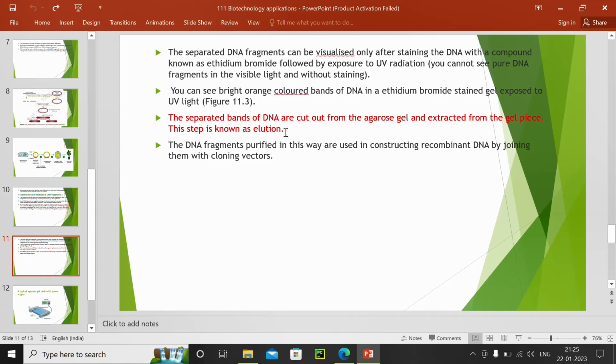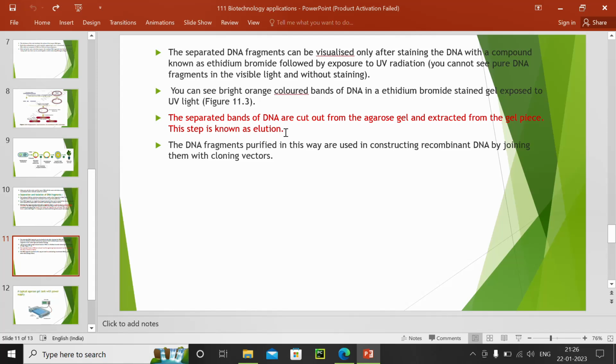So how are recombinant DNA molecules constructed? The last point stands here: how are DNA fragments purified?